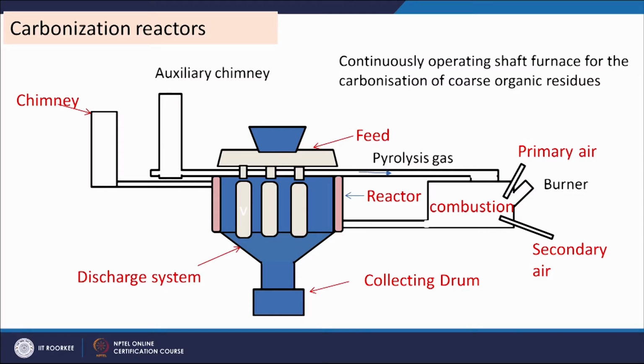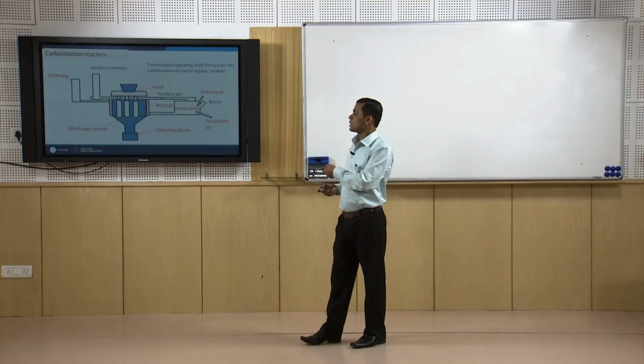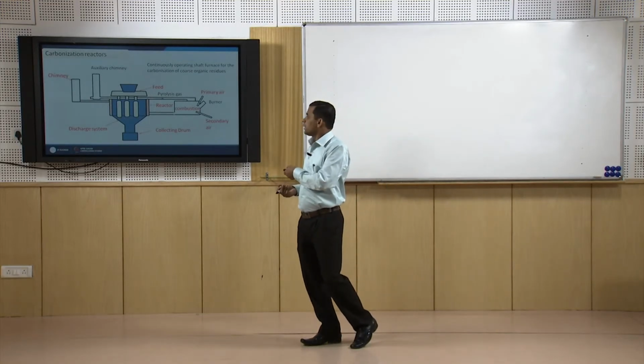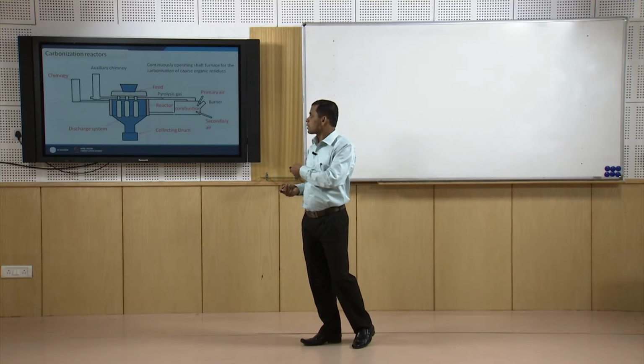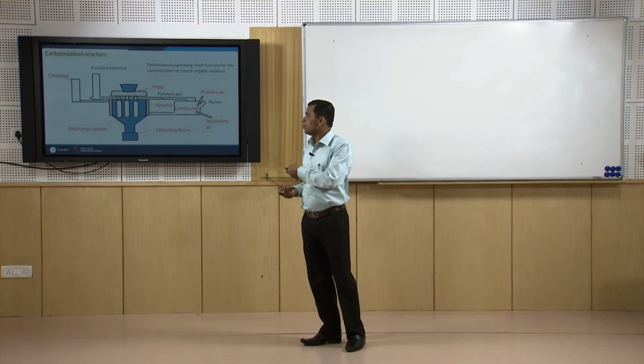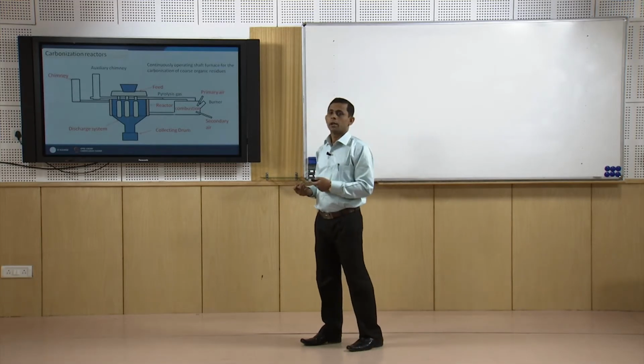When the material passes through these columns, it is heated up and volatilization takes place. The volatile material goes off and comes through this line; that is the pyrolysis gas. This off gas is sent to the combustion zone, where it is combusted further to produce flue gas and release heat, and that heat is used again. After raising the temperature, the flue gas goes through this chimney to the environment.